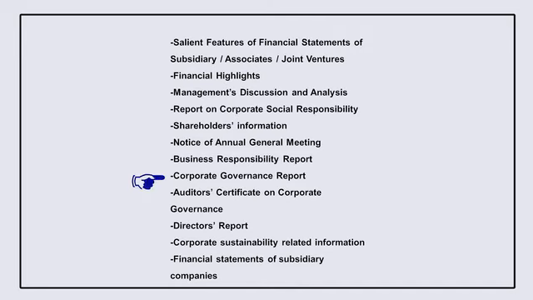Business responsibility report is also a part of corporate reporting. Next is the corporate governance report. It is very important from the investor's point of view that every company gives a proper report on corporate governance as per the Securities and Exchange Board of India Clause 49 listing agreement, which is revised from time to time.